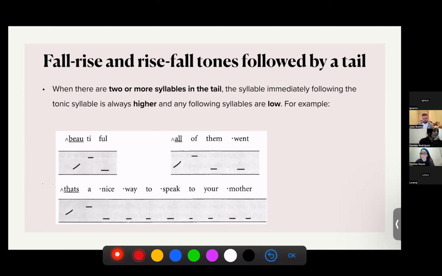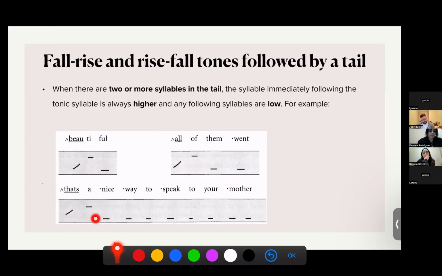So for example, beautiful, beautiful, beautiful. All of them went, all of them went, all of them went.